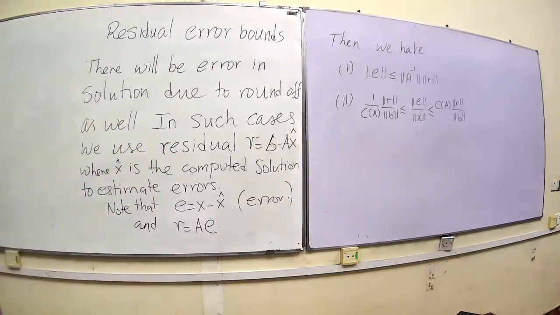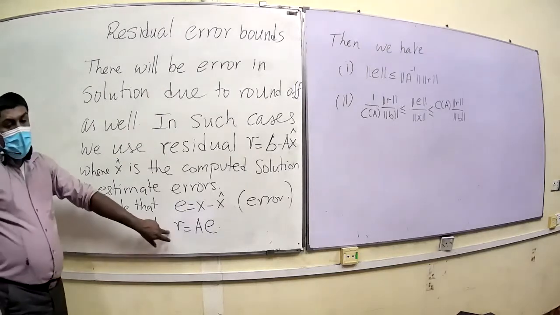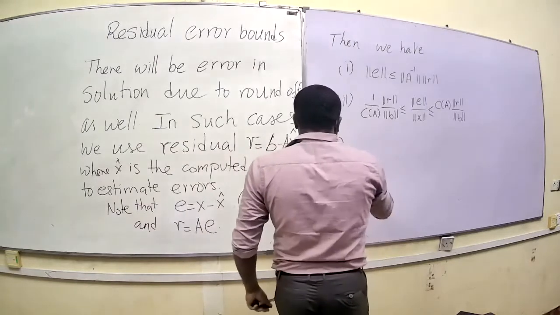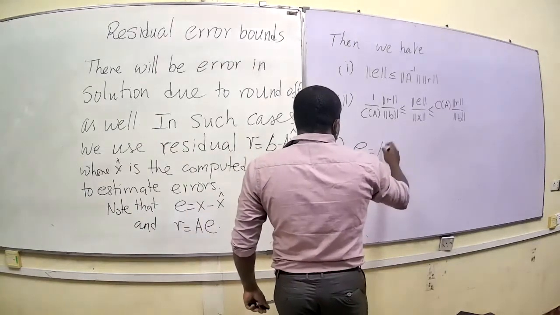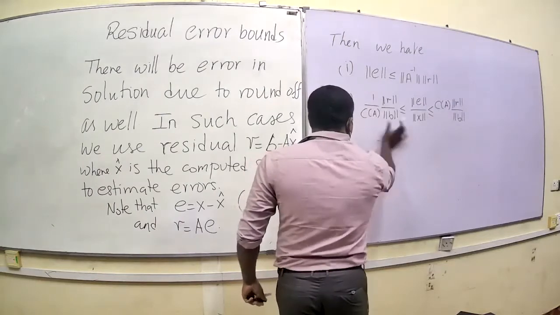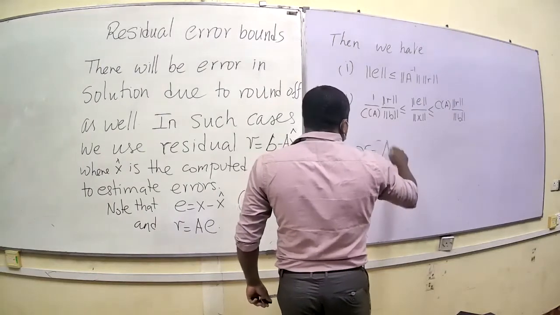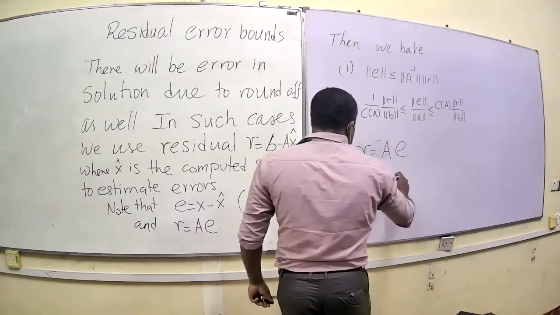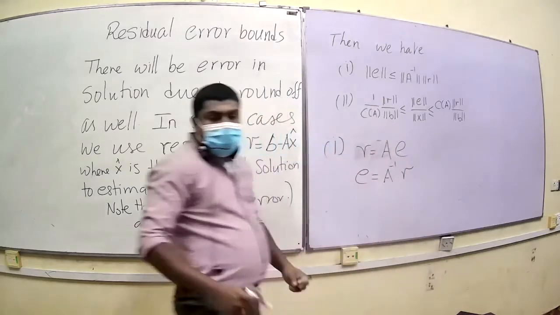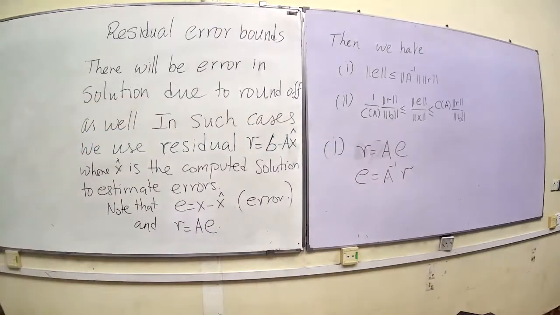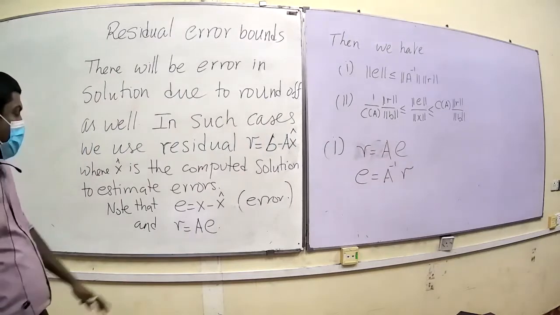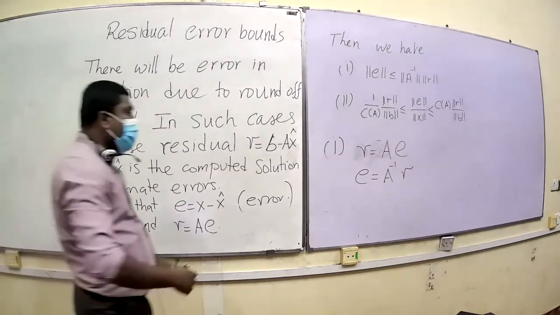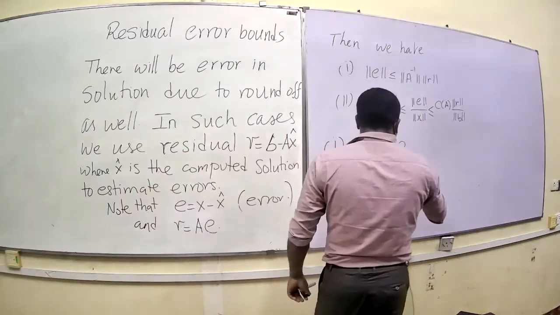The first one is easy. I will just write it down. R is equal to A E, so E is equal to A inverse R, assuming that A inverse exists.